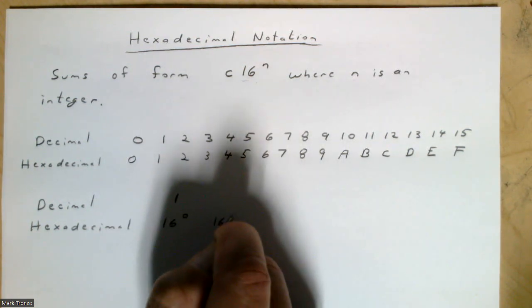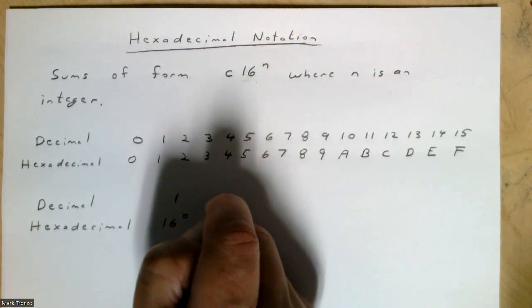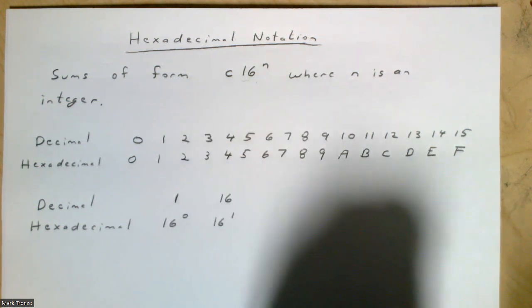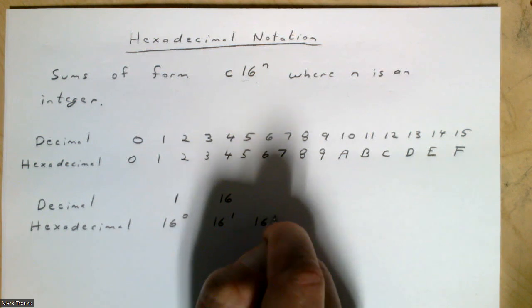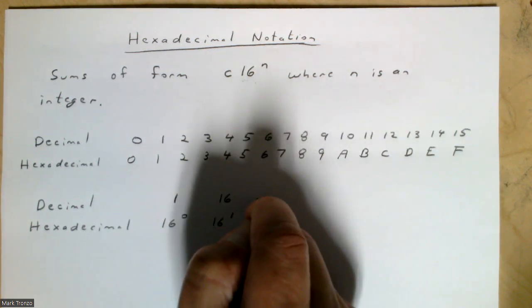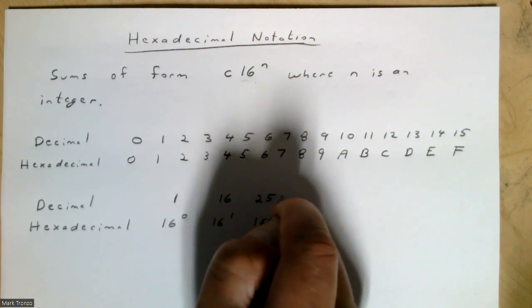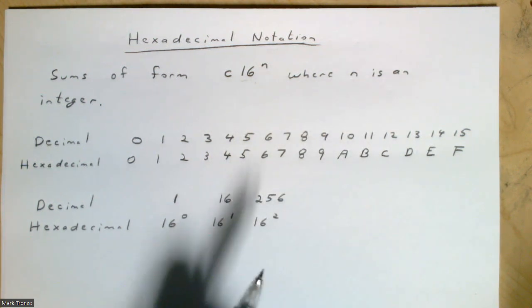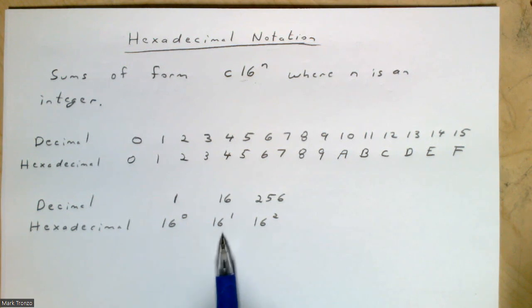Of course, 16 to the first power is 16. 16 squared is 256. Again, the conversions work in a similar way as the binary. Remember, you had 2 to the 0, 2 to the first, 2 squared, etc. Except with 16, these numbers get very large very quickly.